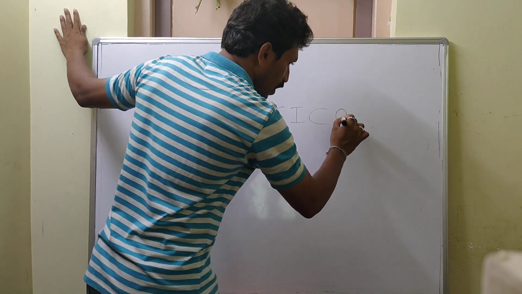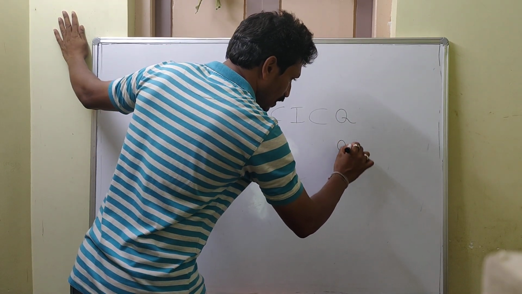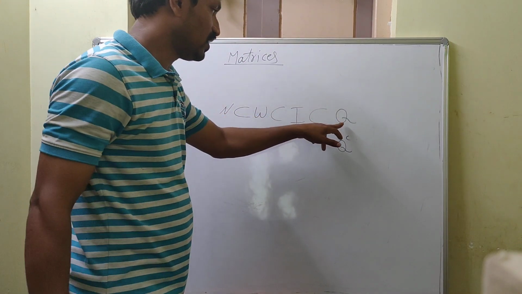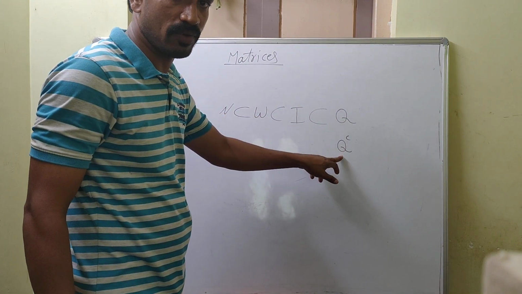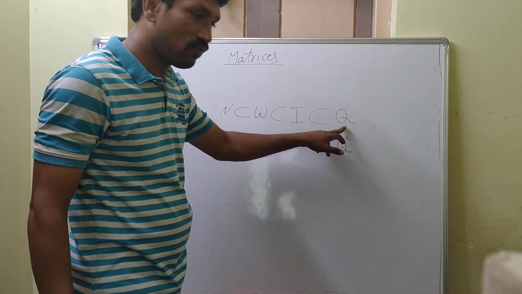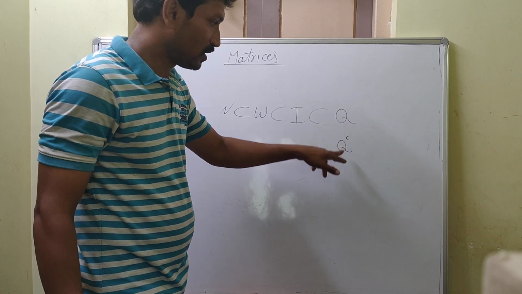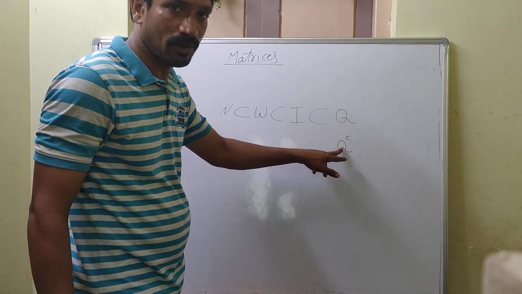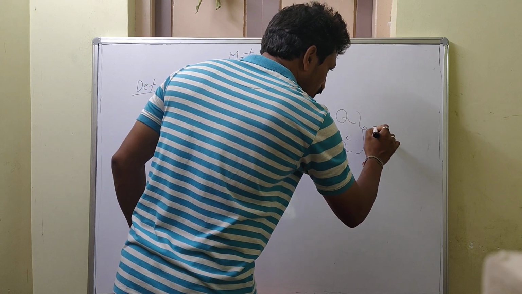Before real numbers, we have rational numbers and irrational numbers. Rational numbers are in the form of p by q, irrational numbers are not in the form of p by q. Or in decimal form, these are recurring or terminating numbers, and these are neither recurring nor terminating. The combination of these two is called real numbers.